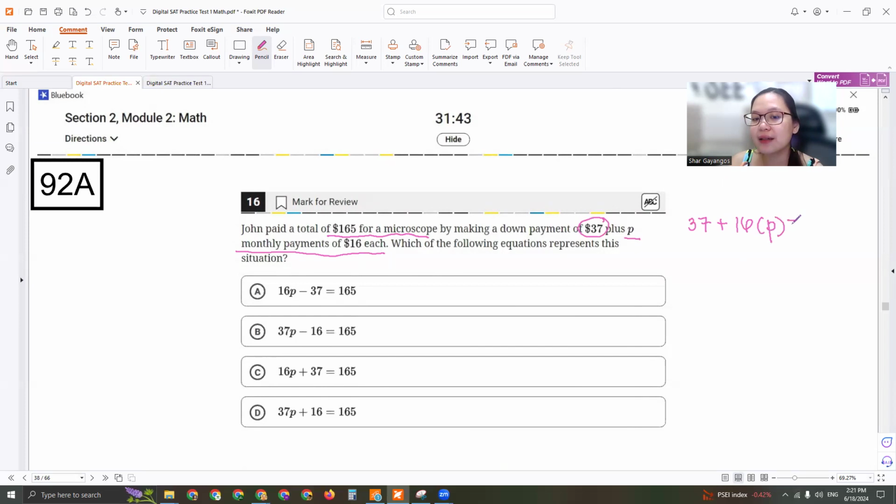And this should add up to the total amount of the microscope. And this is your equation. What do we have? So we can just rewrite things here until we end up with something in the choices, or you can just spot check which terms are matching and we can see that this one is C.